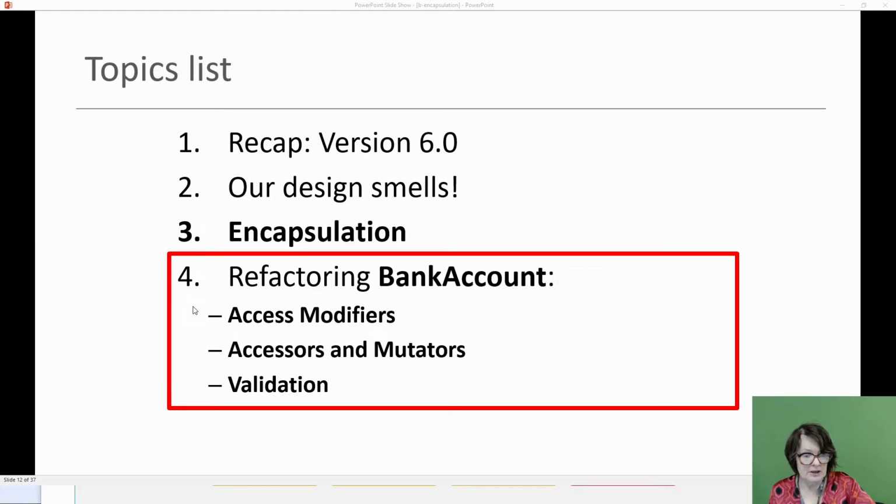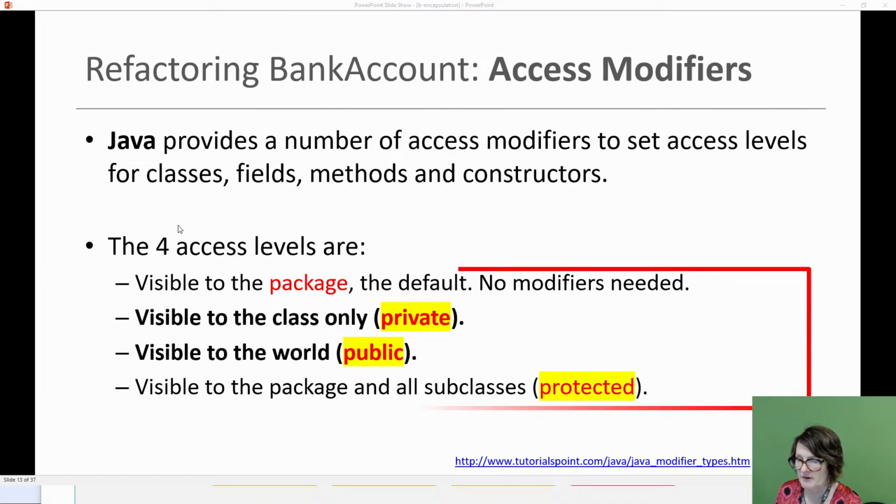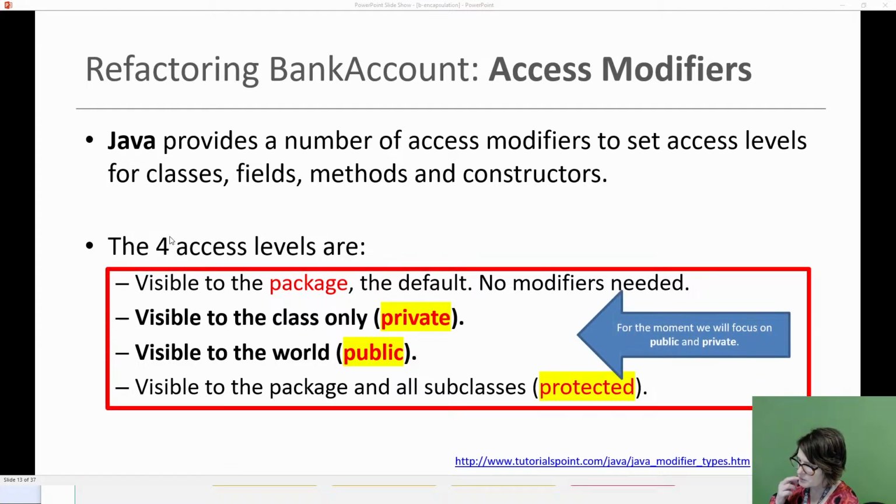Now we're going to try and make our bank account a little bit better, and we're going to start implementing, and hopefully you'll see two things. You'll see how to do it, but you'll also see what the benefit is. The first thing is the access modifiers. Very simply, we'll look at what we mean by the access modifiers. There are 4 access modifiers.